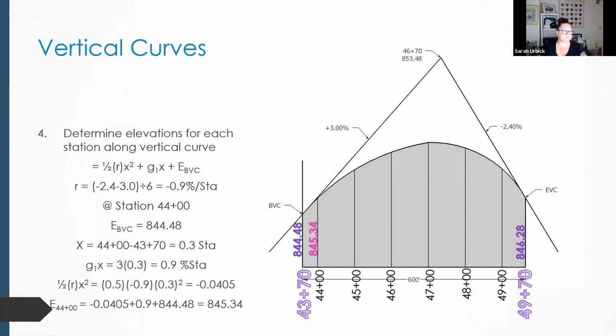Okay. Now the numbers are already populated. Wish I hadn't done that. From our elevation at 844.48, we know that for every 100 feet, every full station, we are going to decrease 9/10. So we have 6 stations and 9/10.